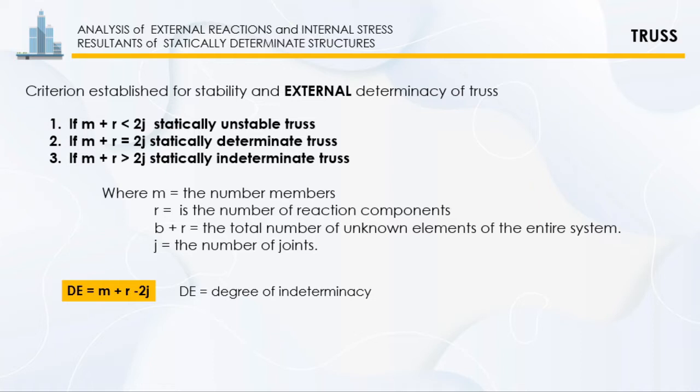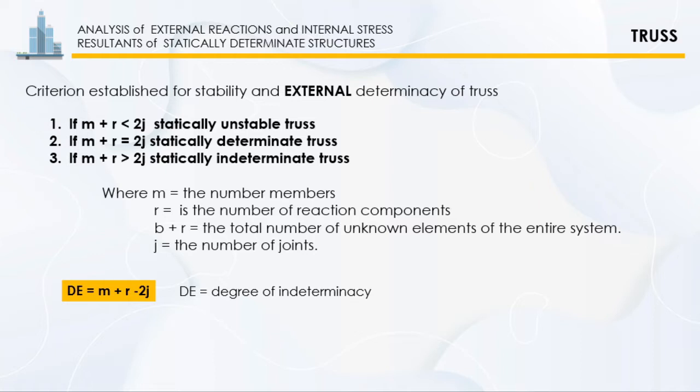So the total number of equilibrium equations available is only 2J. If the number of unknowns M plus R for a truss is equal to the number of equilibrium equations, which is 2J, it means that M plus R is equal to 2J. So that only means that all the unknowns can be determined by solving the equations of equilibrium and the truss is statically determinate.